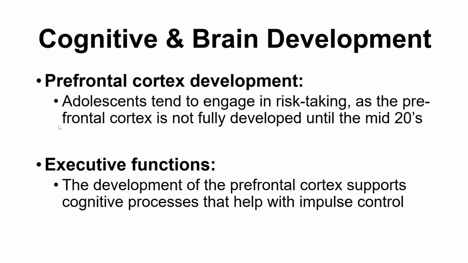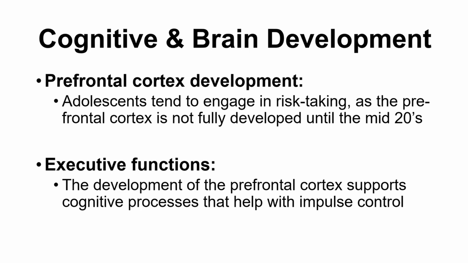Now, this next section here, you've probably heard, it's very commonly discussed in media, that because the prefrontal cortex, that area in our frontal lobe that allows us to evaluate consequences of our actions and inhibit behaviors that would have negative consequences, doesn't fully develop until our mid-20s, that's why adolescents are so risky in their behaviors, why they act in certain ways without any thought for consequence because they can't do it at all.